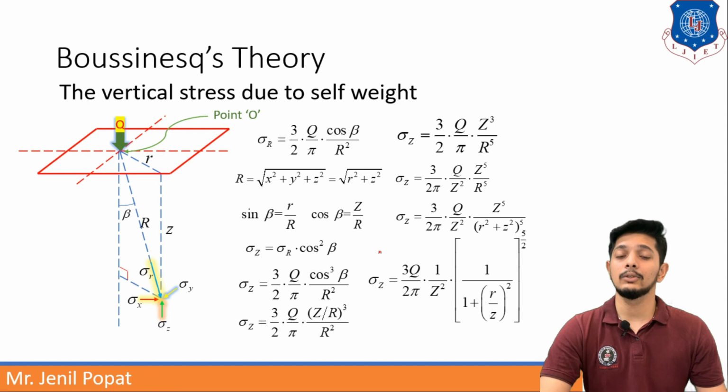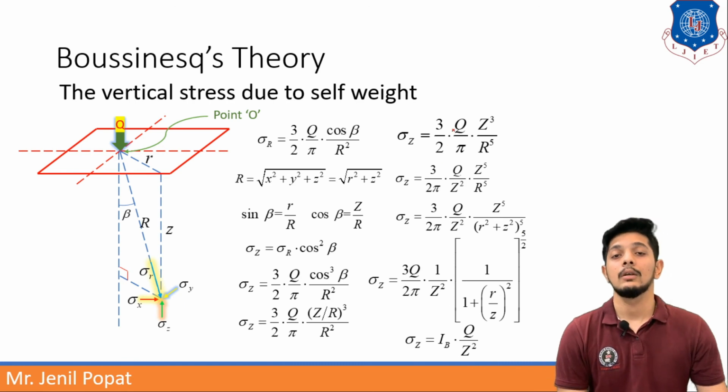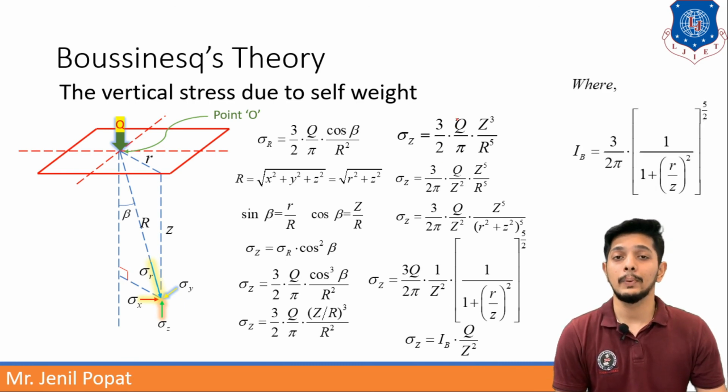Here sigma z is equal to 3q by 2 pi into 1 by z square, and in brackets 1 by 1 plus (r by z) square raised to 5 by 2. This is just the mathematical calculation. If you simplify the equation, you will get this equation back. It is also written as sigma z is equal to Ib into q by z square. Ib is the Boussinesq constant. Ib is equal to 3 by 2 pi into 1 upon 1 plus (r by z) square raised to 5 by 2.